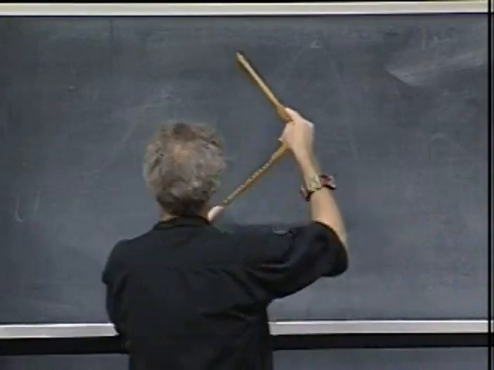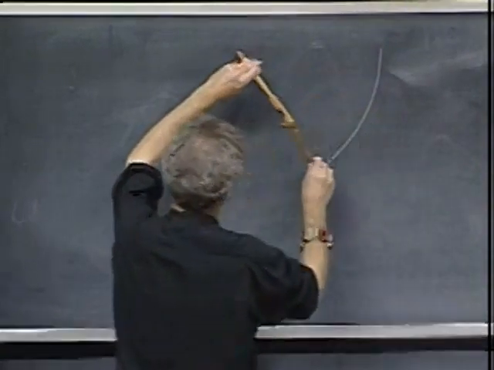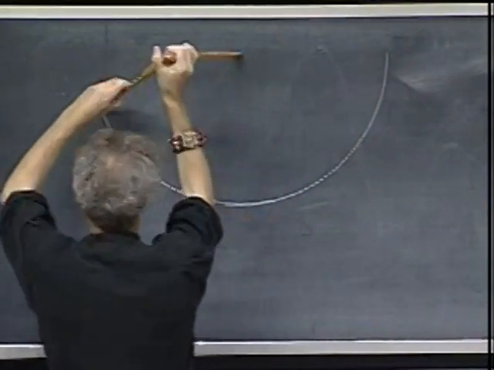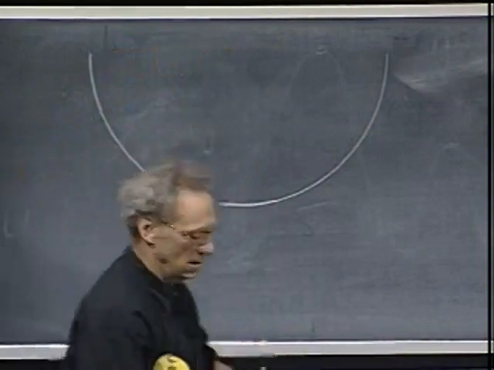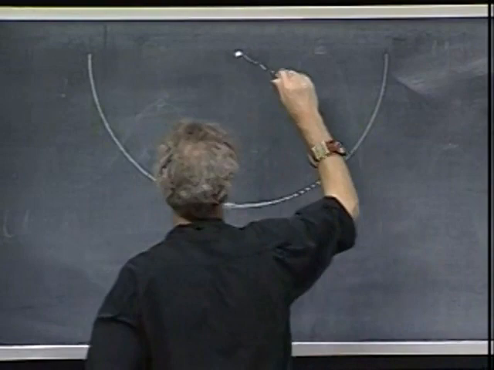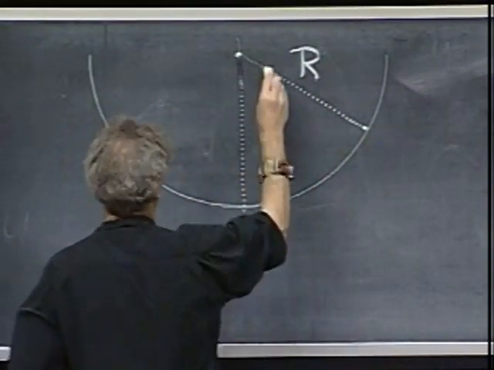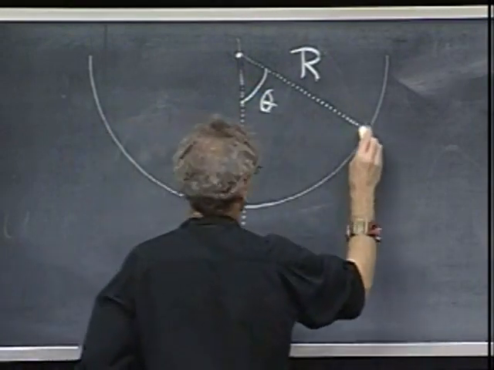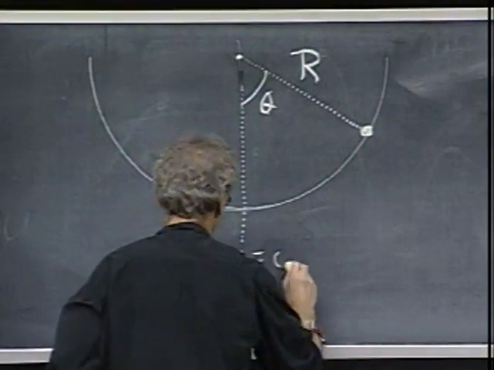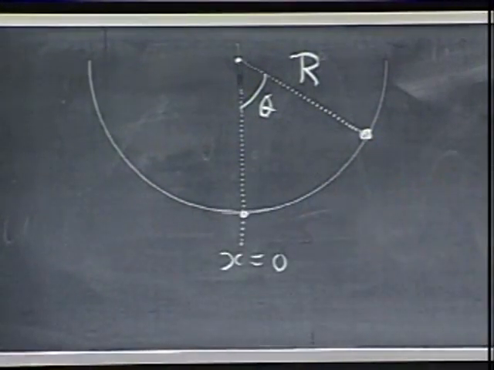To make it as perfect as I can, I even have here a pair of compasses. That's the track, and the track has a radius r. At this moment in time, the angle equals theta, and here is the object. I call this x equals 0. That is also, of course, where theta equals 0.